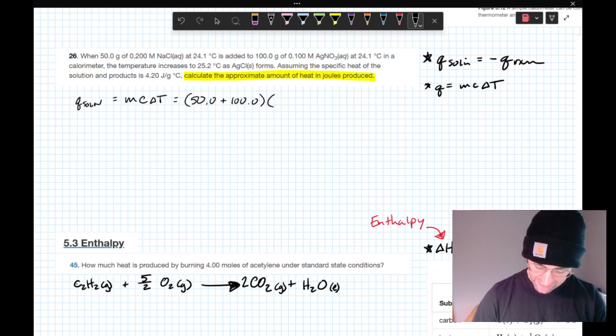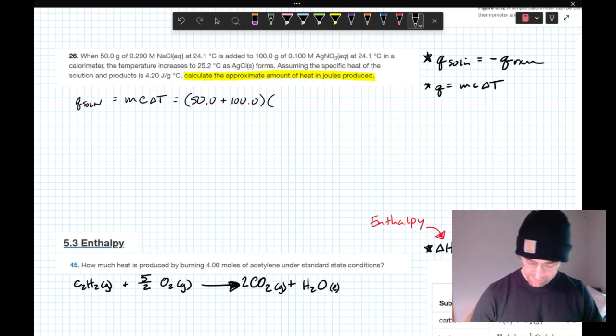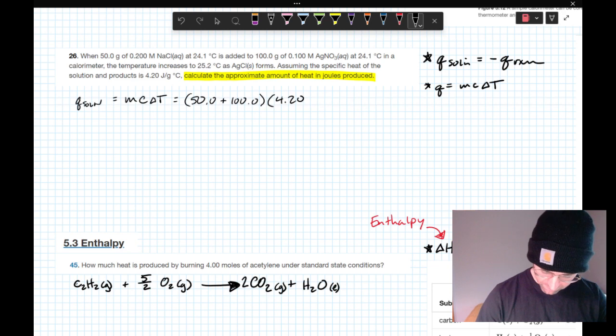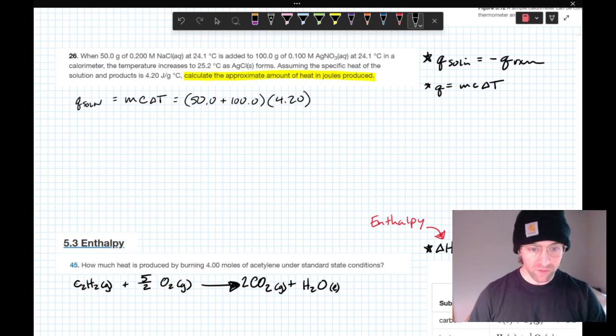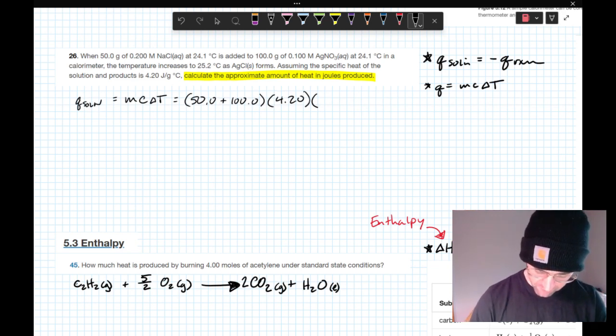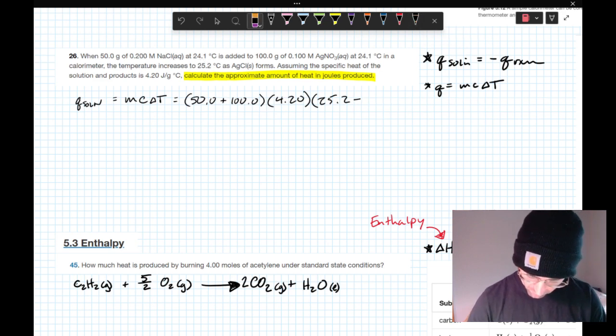We're given a specific heat of the solution and products. And we're given a change in temperature, our final was going to be 25.2 minus an initial temperature of 24.1.